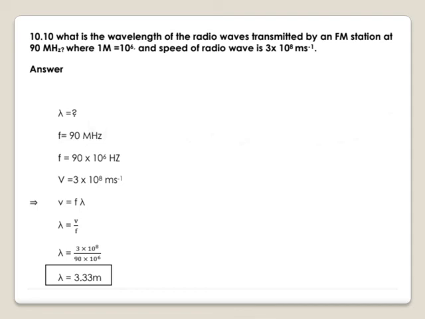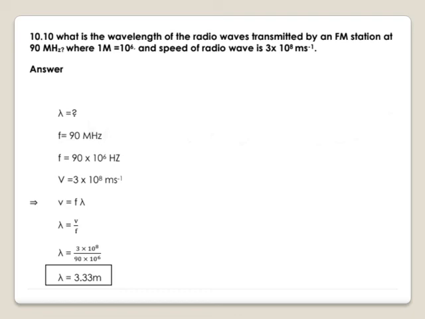So numerical 10, what is the wavelength of the radio waves transmitted by an FM station at 90 megahertz, where 1 mega is equal to 10^6, and the speed of radio wave is 3 × 10^8 meter per second. So simply here we just know the values, and the value of mega is also given, which is 10^6.